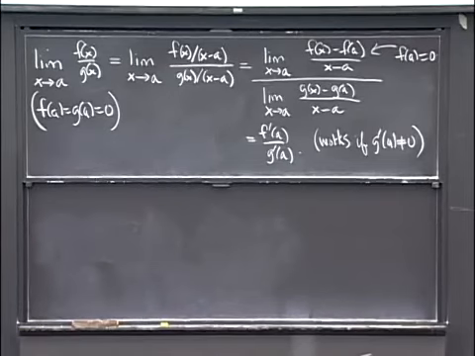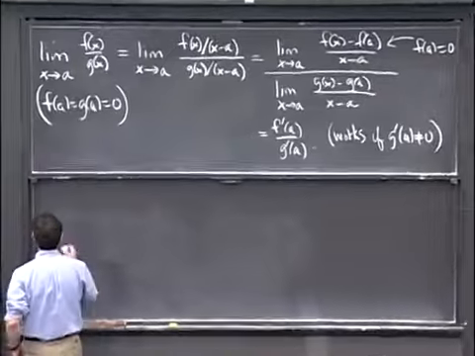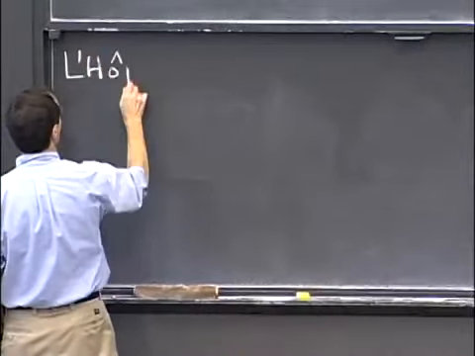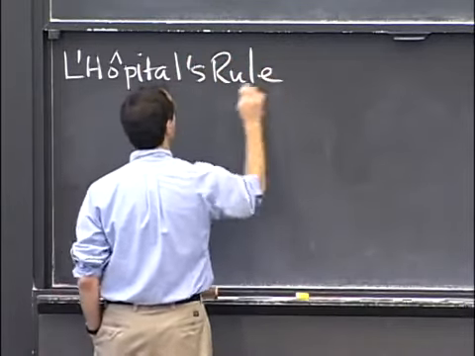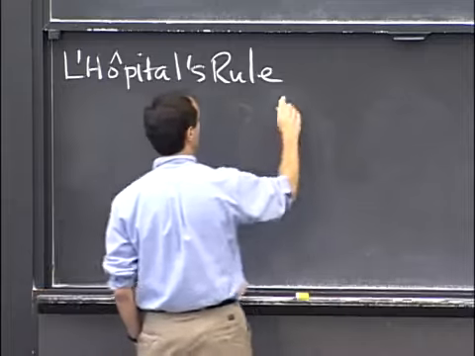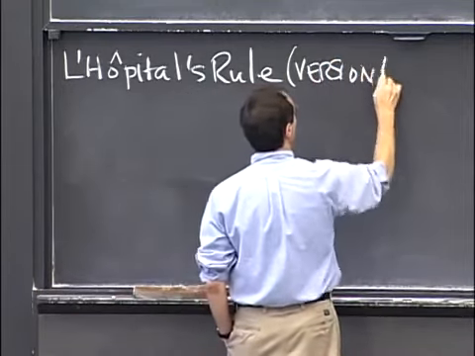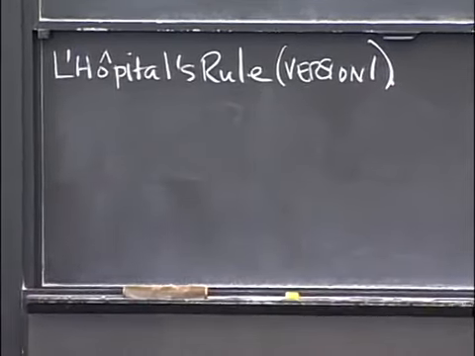So now I get to formulate for you L'Hopital's rule, at least in what I will call the easy version, or if you like, version 1. So here's L'Hopital's rule. Version 1. It's not going to be quite the same as what we just did.